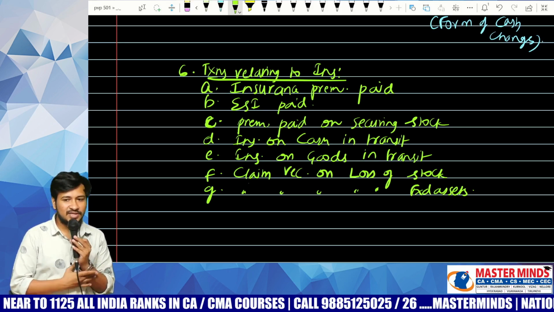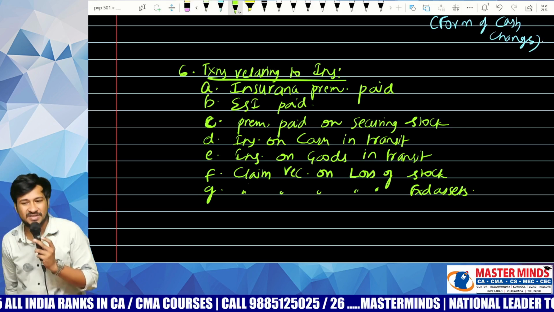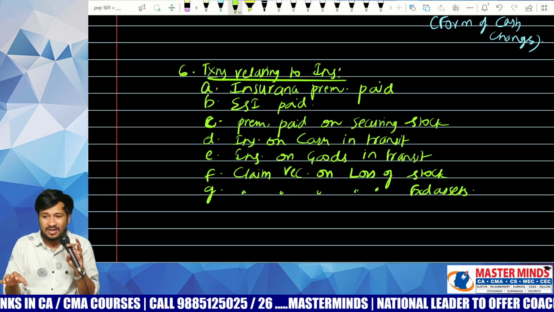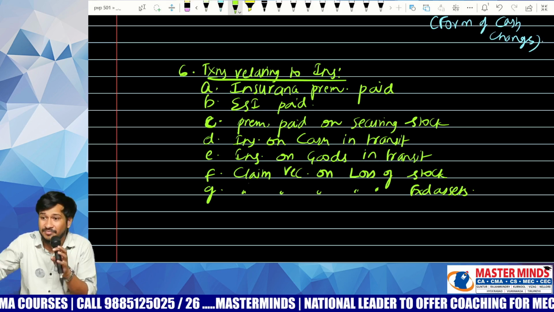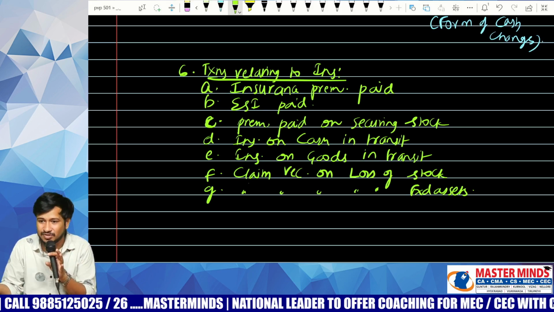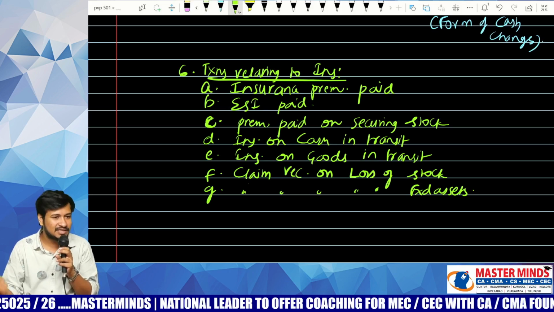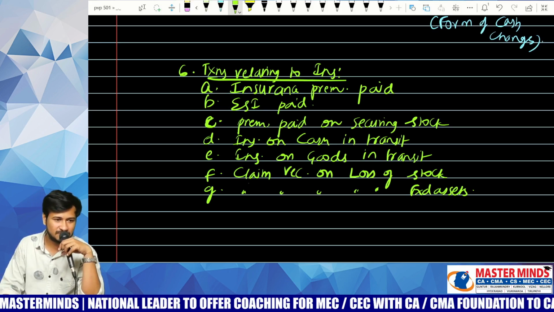Just as you have insurance on goods in transit, in the same way you have insurance on cash in transit. Best example, did you ever see on the road vans for loading cash into ATMs? For all those, there will be cash, that is called cash in transit insurance. On that, they will be taking insurance.